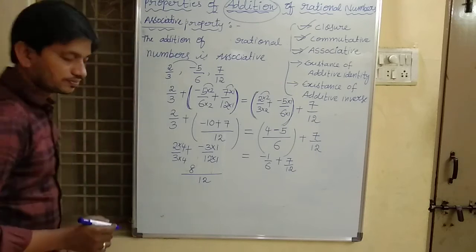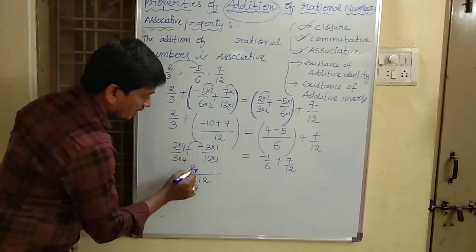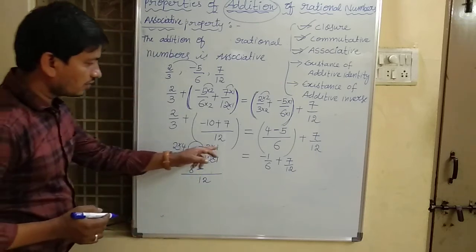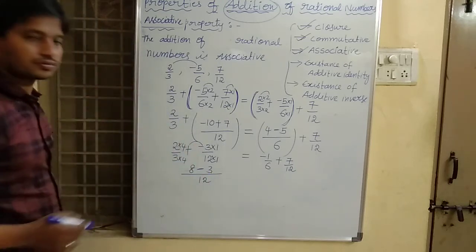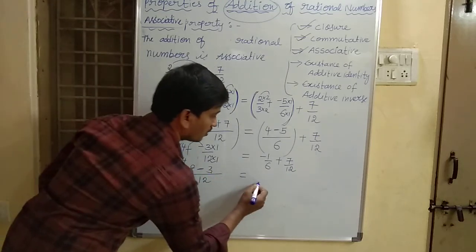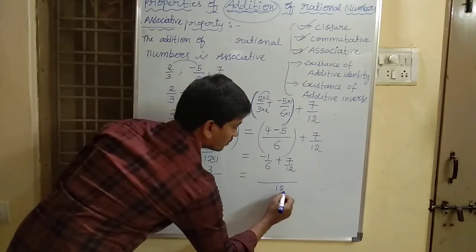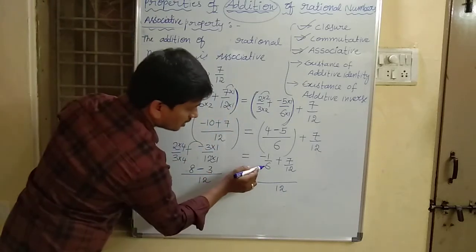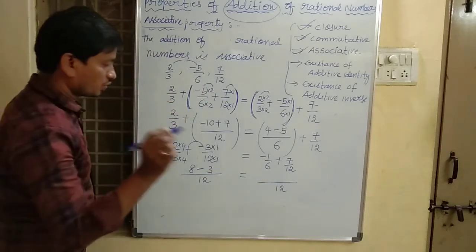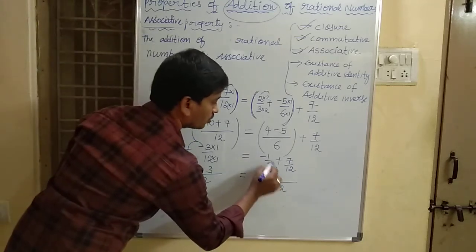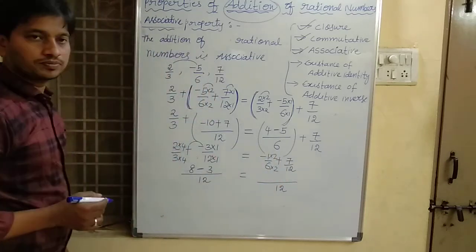2 4s are 8, plus into minus, minus, 3 ones are 3. Now here, what is the LCM of 6 and 12? The LCM of 6 and 12 is 12. 6 how much are 12? 6 2s are 12, so into 2 and 2.